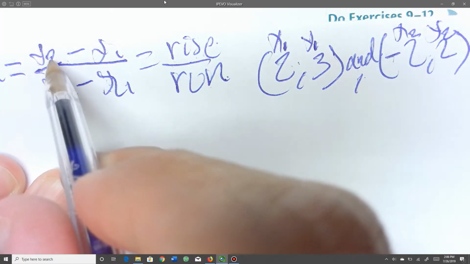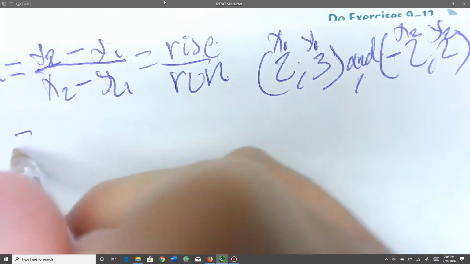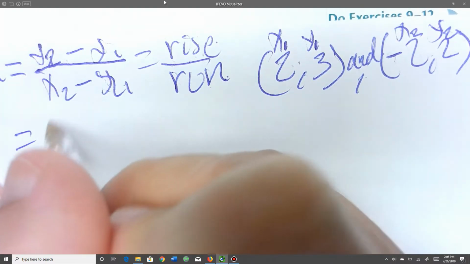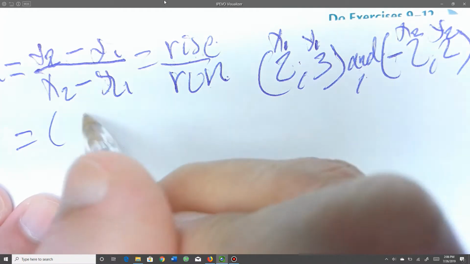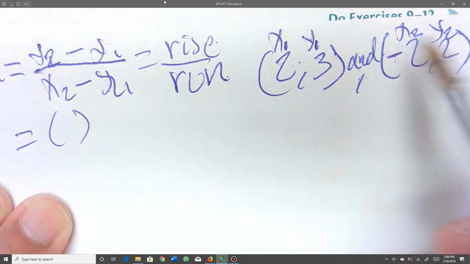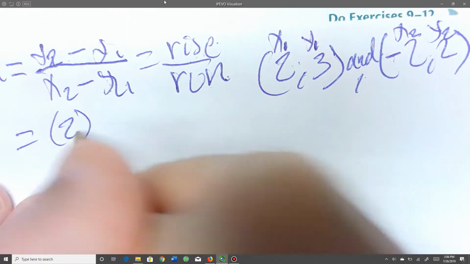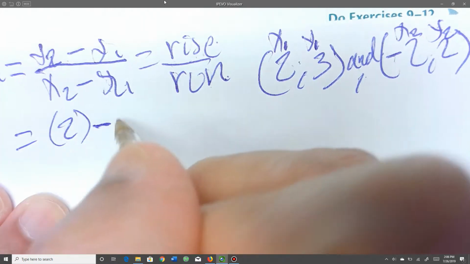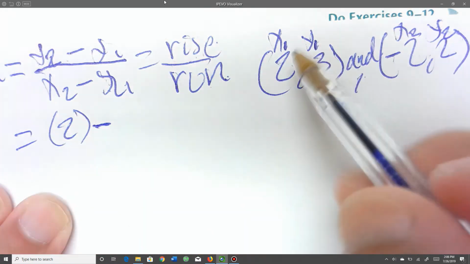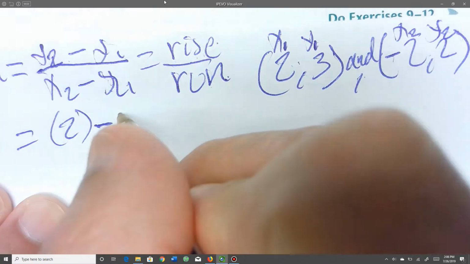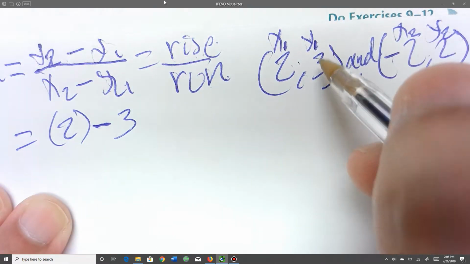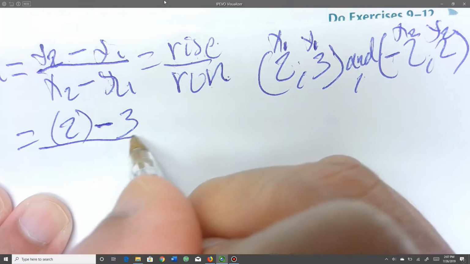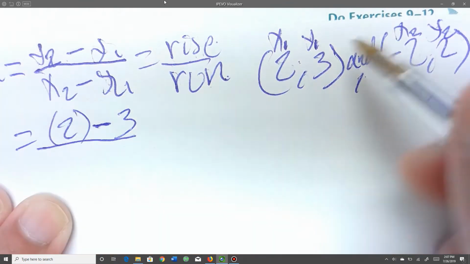So I rewrite everything, except now I'm substituting values. My y sub 2 is +2, and then I rewrite the negative sign from the equation. Then y sub 1 is 3, +3, and all of that over x sub 2.